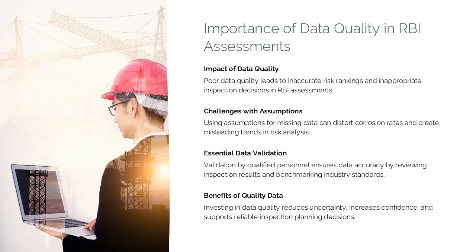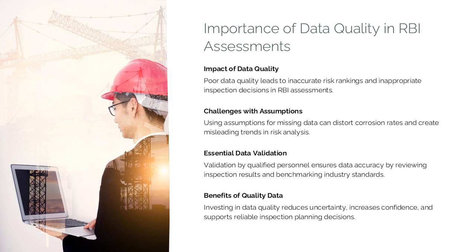Process upsets, operational changes, and management of change (MOC) records should also be reviewed to ensure that data reflect current and realistic operating conditions. Ultimately, investing time in data quality and validation reduces uncertainty, increases confidence in RBI results, and supports more defensible inspection planning decisions.